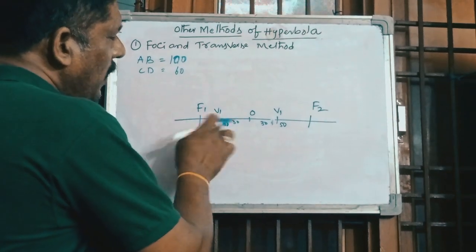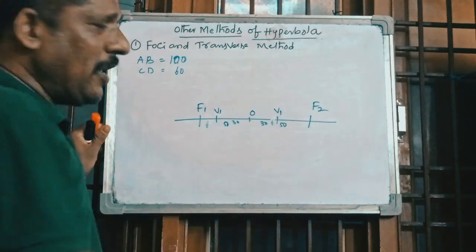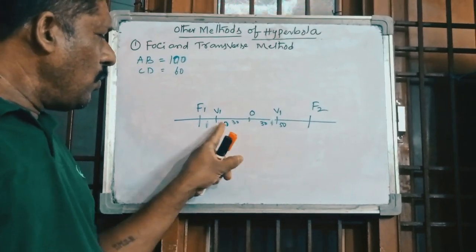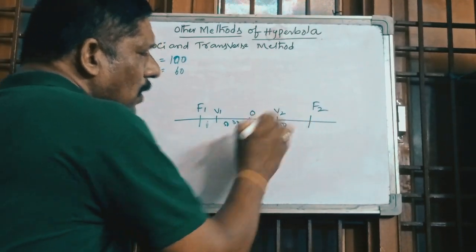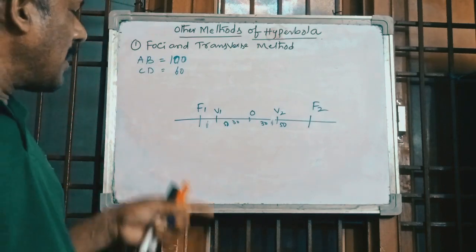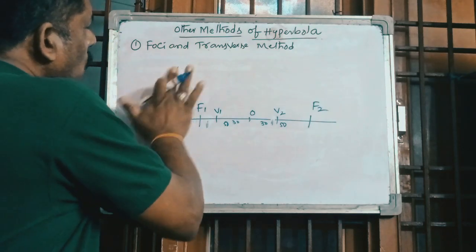So O to F1 is 50, O to F2 is 50, O to V1 is 30, and O to V2 is 30. This is the given data, and we have to go for the construction procedure of the hyperbola. What you have to do?